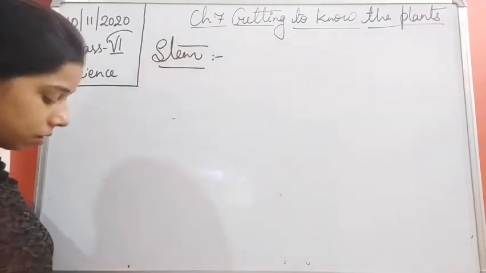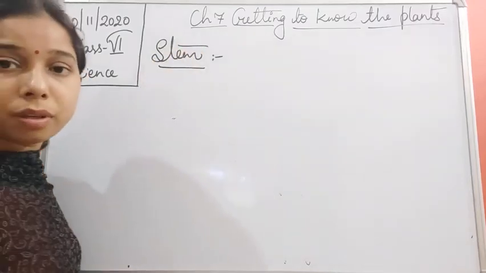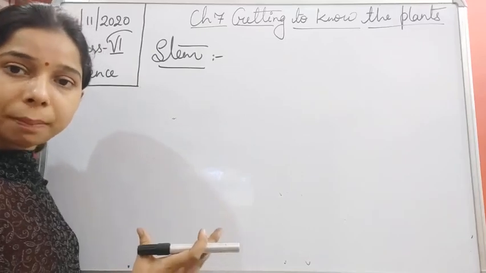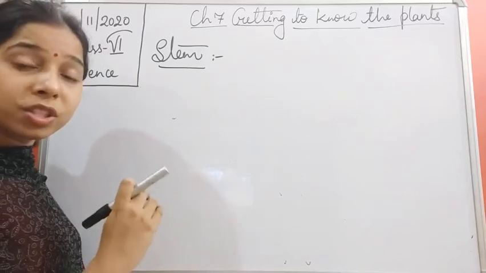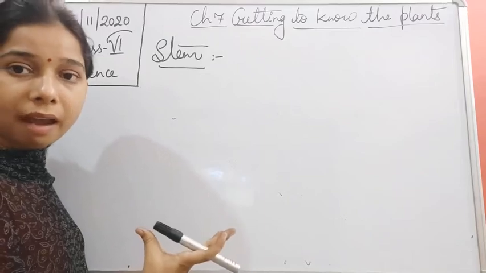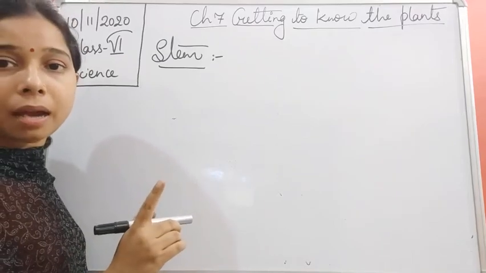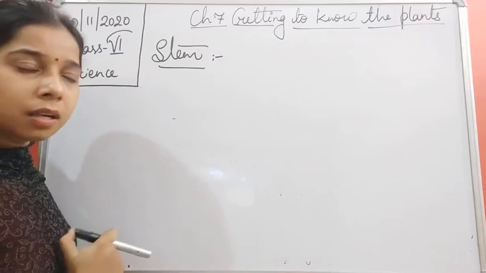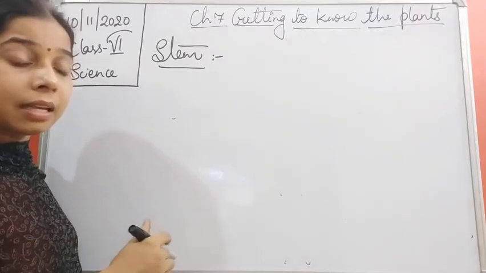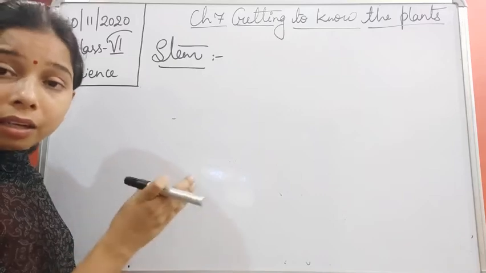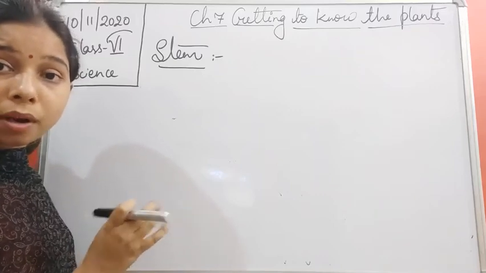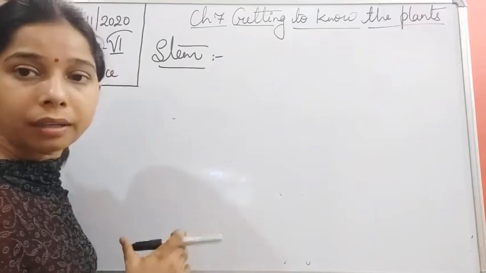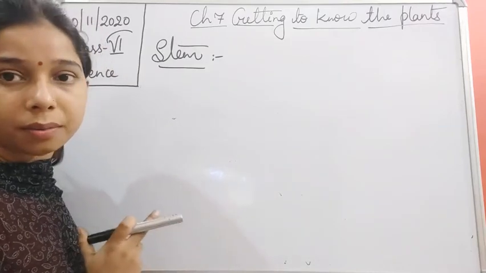What is the stem, students? The upper part of the plant, which is just above the ground, is known as the stem. In the case of a tree, the thickness of the stem is much more, and in place of stem we use the term trunk.